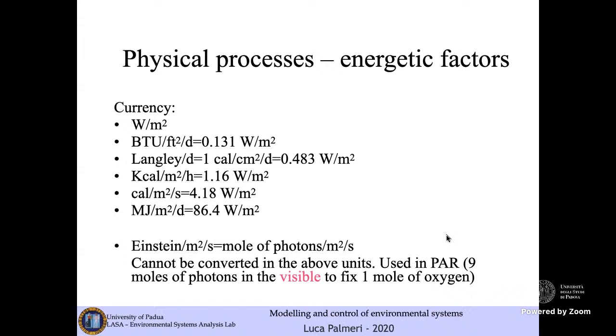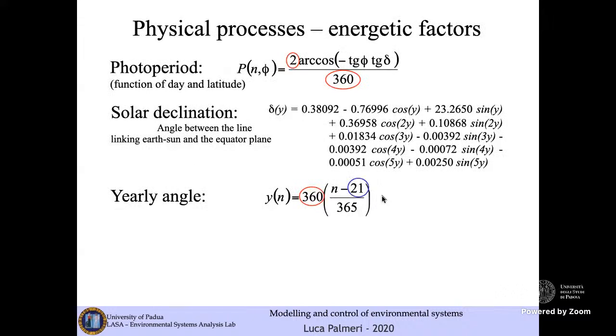You may recall that photosynthesis means converting solar radiation into organic matter. You may employ the Einstein as a currency, because the Einstein is a useful way of measuring the quantity of photons, and the quantity of photons necessary to generate 1 mole of oxygen by photosynthesis is 9 moles of photons in the visible range.